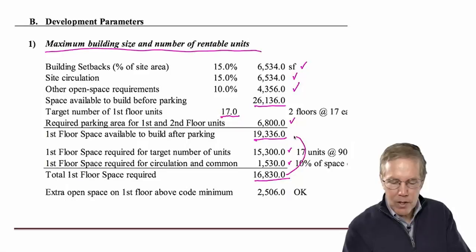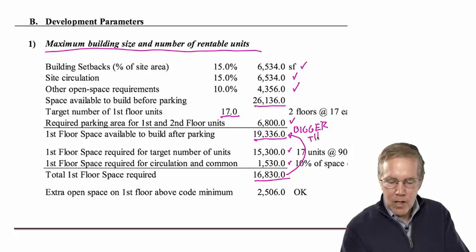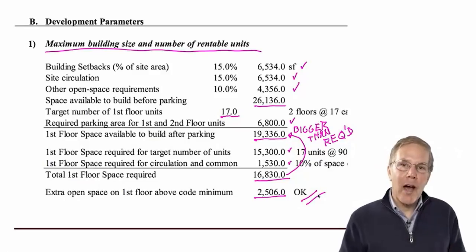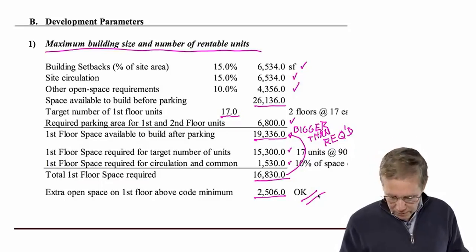So the available is bigger than required, by 2,500 square feet and change. So this is okay. They can go ahead on this property without violating any building codes. They can build this 2-story wood frame building, 34 2-bedroom units total, 17 on the first floor, 17 on the second floor.